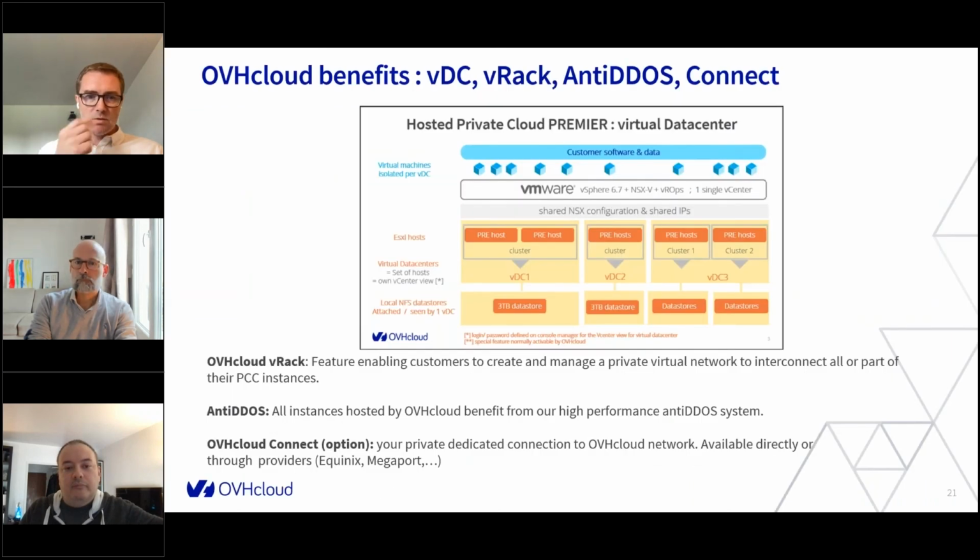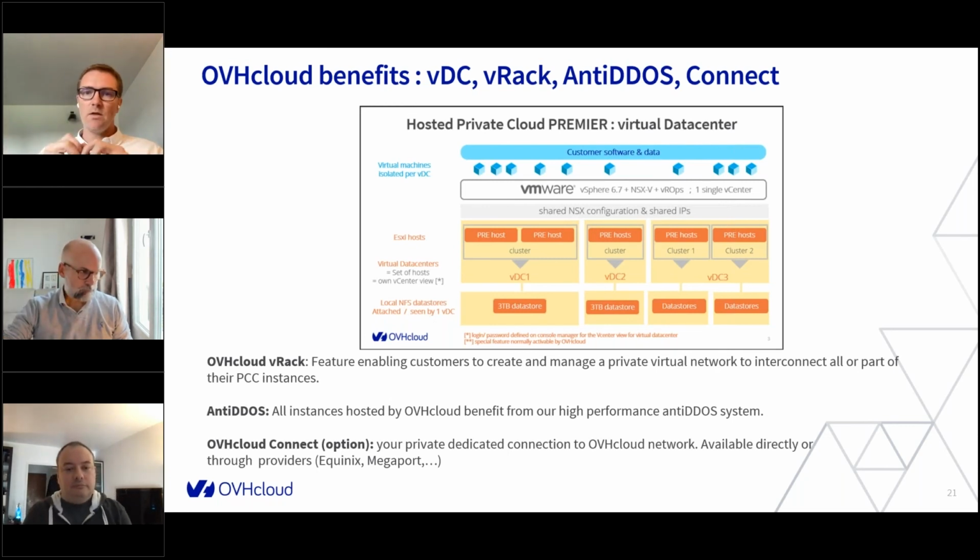On this one, it's just to remind that, as Timo and Samuel said, we provide vRack. VDC, I explained just before, is the virtual data center, but vRack is really the private network in OVHcloud.